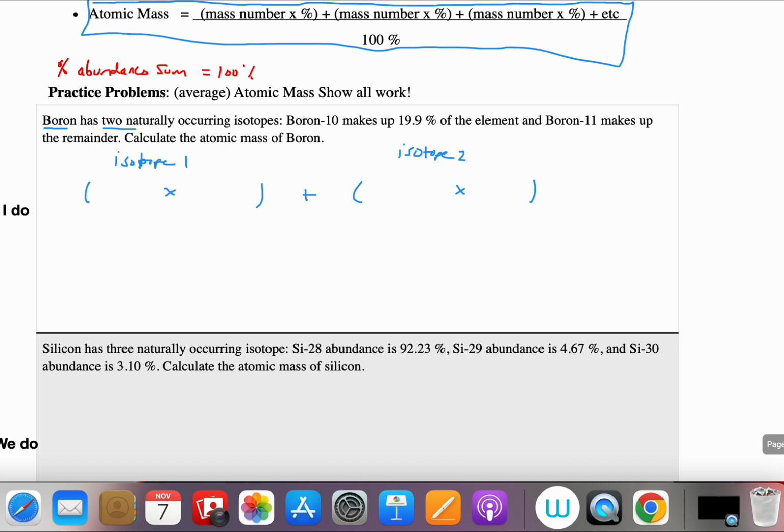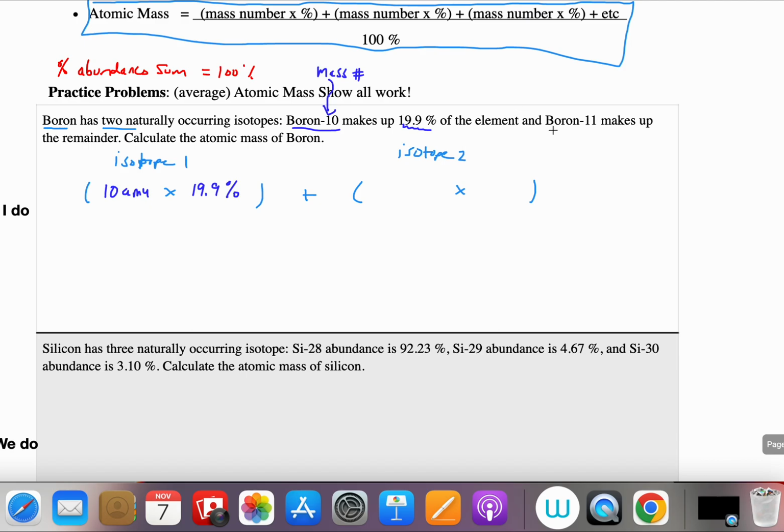When I take a look at this, the first isotope is boron 10, and I'm not told anything else about it in reference to mass, so that hyphen number is what we will use for the mass number. So isotope 1 is 10 AMUs times its percent abundance, 19.9%.